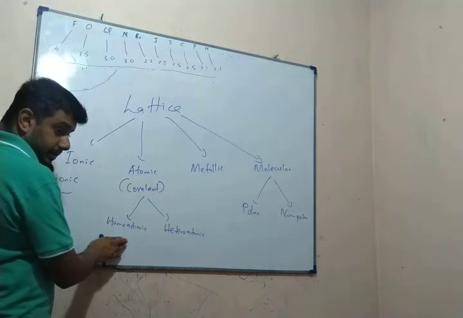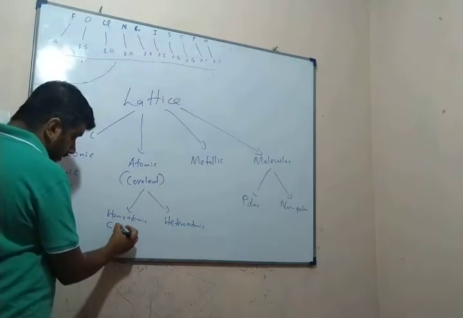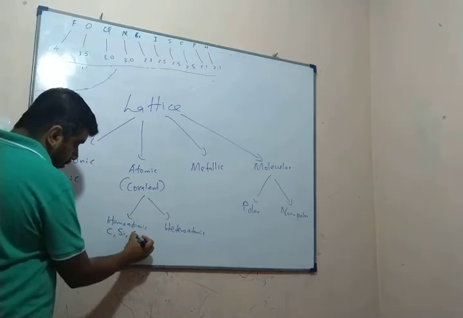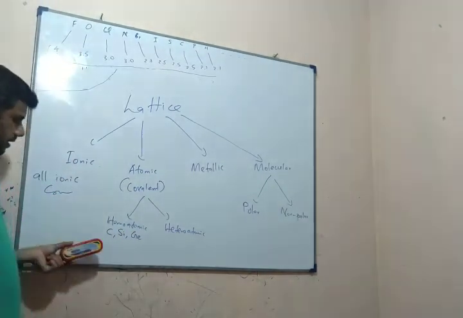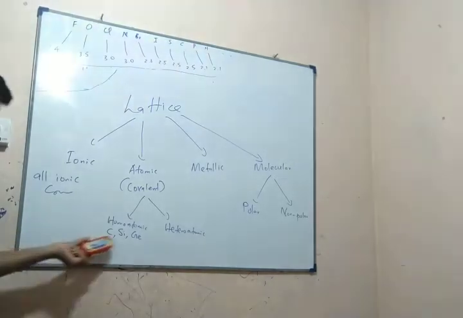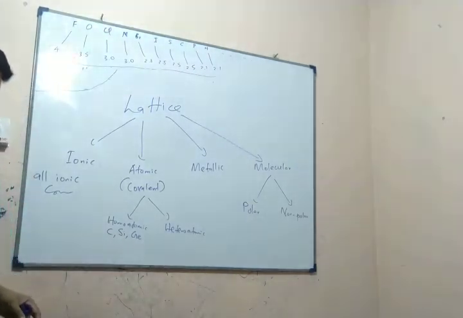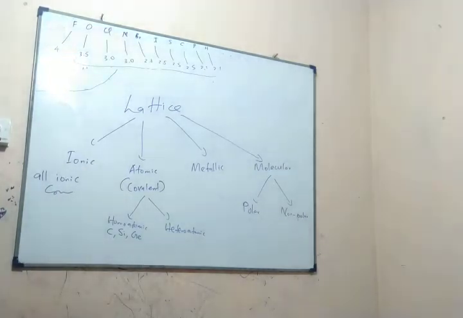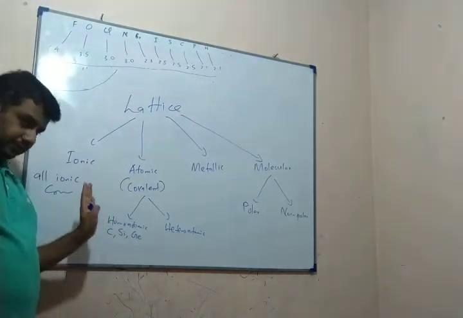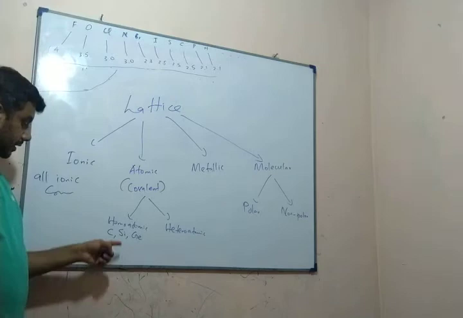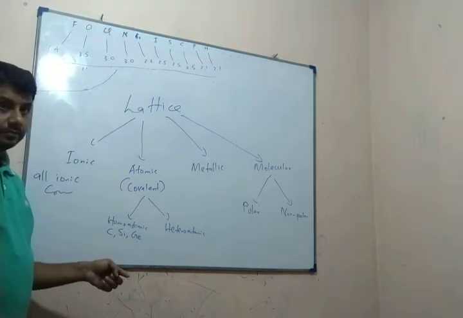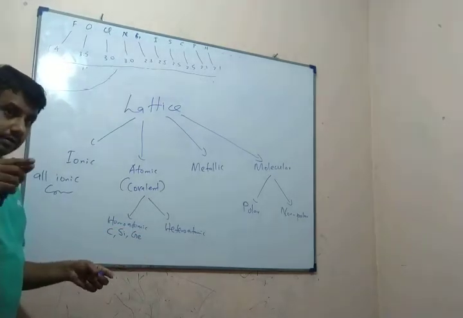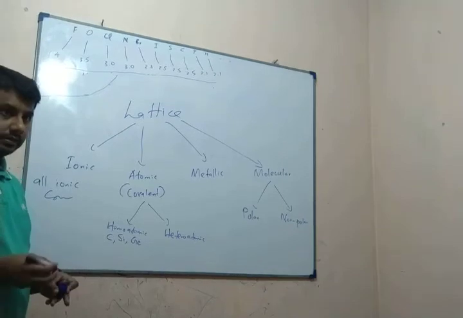Homoatomic lattice examples: carbon, silicon, germanium. In your syllabus, only carbon is enough, but it's better to know these three. Carbon is famous and popular, and silicon and germanium you may have studied in O level in electronics.